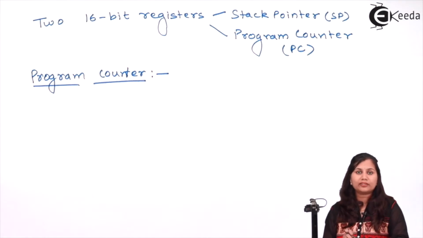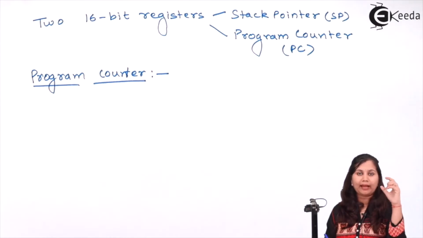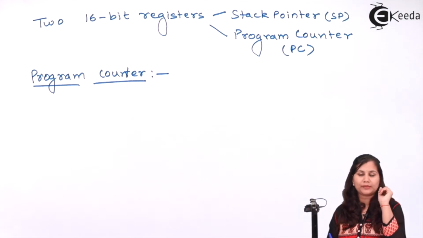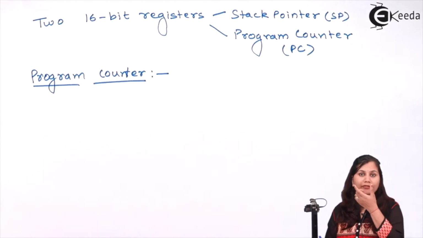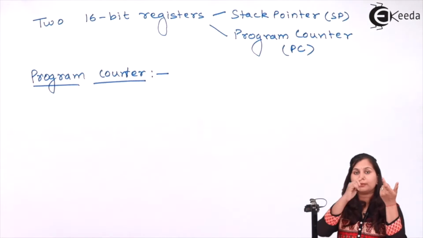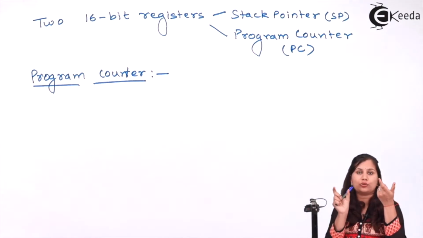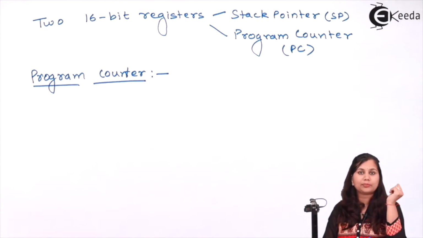Because the microprocessor doesn't know where the instructions are written in the memory, the user writes the program and stores it in the memory at a specific location. The address of the first instruction is given to the microprocessor, and the address of the second instruction will be stored in the program counter. So after the execution of the first instruction, the microprocessor would know that the second instruction is stored in that location through this program counter.